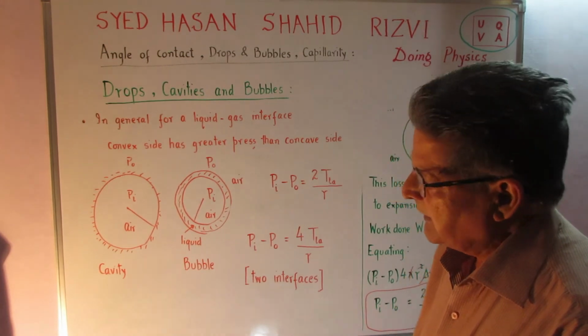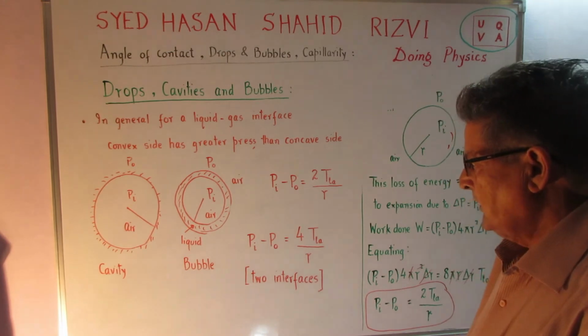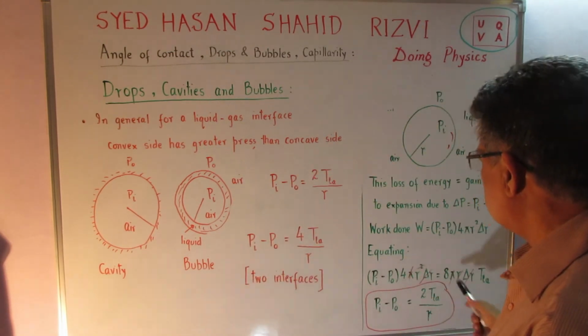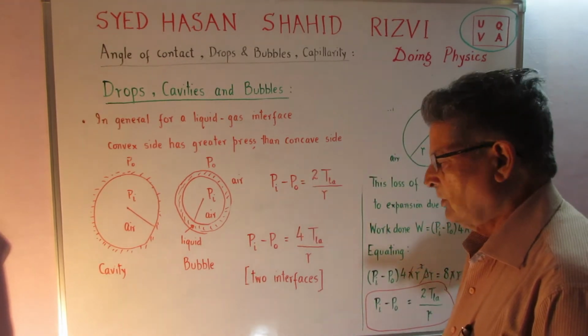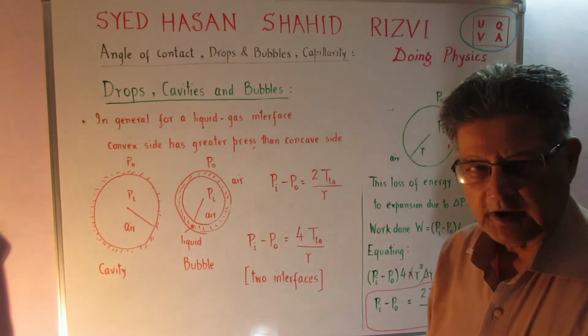It has got only one interface, and therefore we can write for this cavity also, like in the previous case of the drop, that Pi minus Po is equal to 2T upon R. Of course, T is for the liquid air interface.